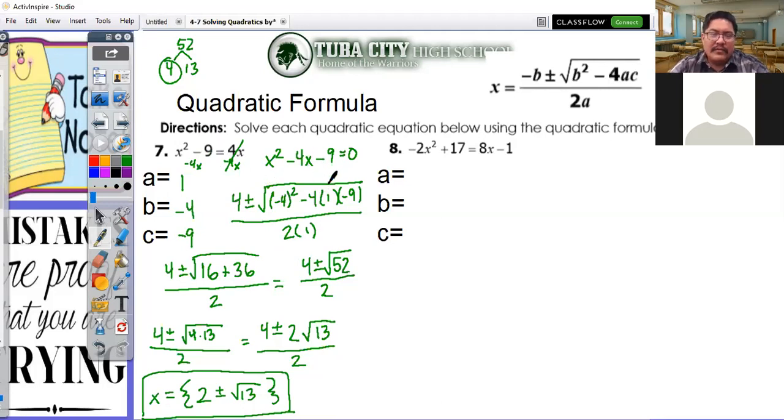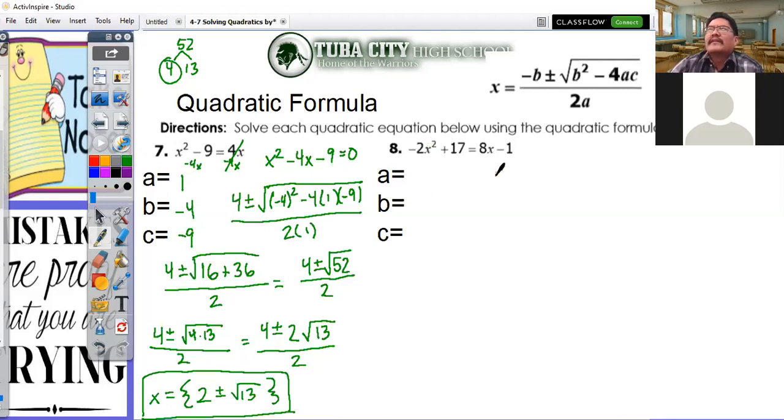But this is one of the problems that quadratic formula is made for, because this would be very difficult, if not impossible, for any of the other methods, all the factoring, completing the square, square rooting both sides, you know, all of those would be really difficult to get this kind of answer. But it's just so good to have quadratic formula that it works on everything, including stuff like this. All right, so let's go ahead and move on to the next one here.